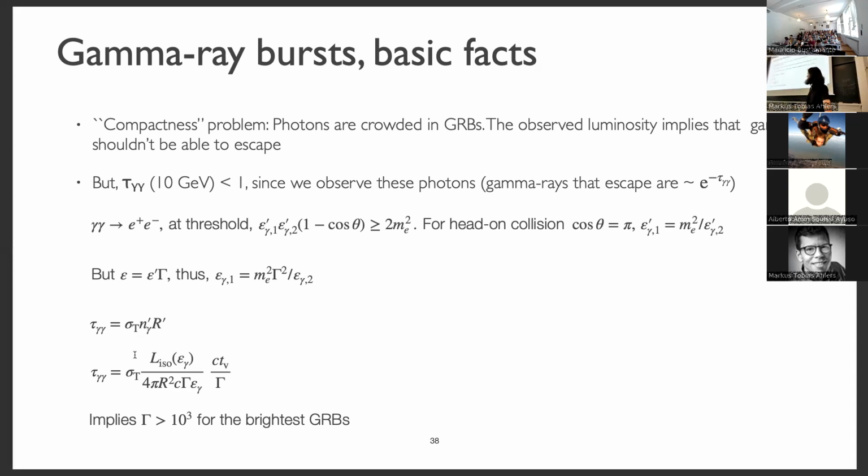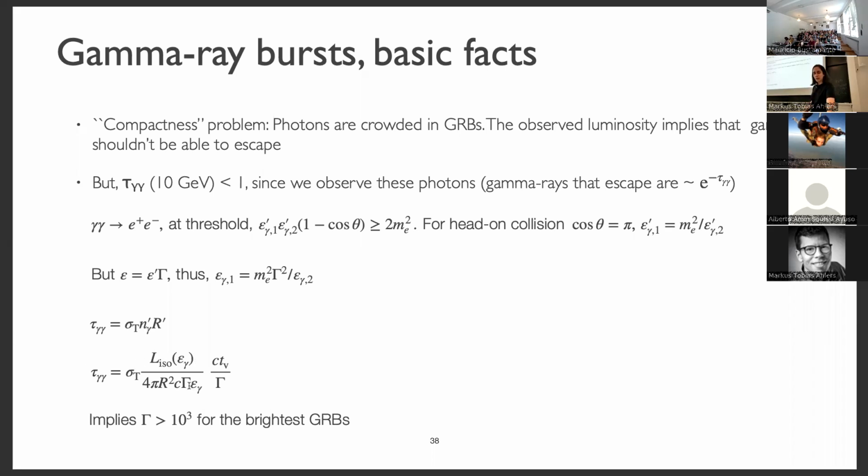And the only thing which we can change here when we calculate the optical depth, which is the radius, so the size of the region, times the number density of the photon targets, times the cross section, is whether this is a very relativistic source or not. In that case, our inferred number density is larger than the density in the rest frame of that source.